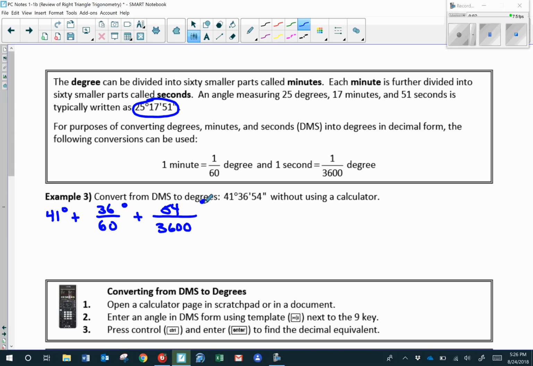So what we will want to do with that is to reduce these fractions if we're doing this without a calculator. 36/60 reduces by a factor of 6 to 6/10. Now I know that can reduce a bit further as well. However, 6/10 is 0.6, so at that point we can just make it into a decimal.